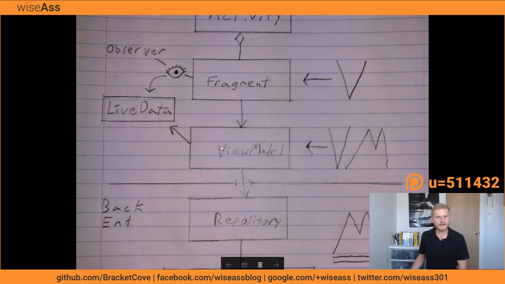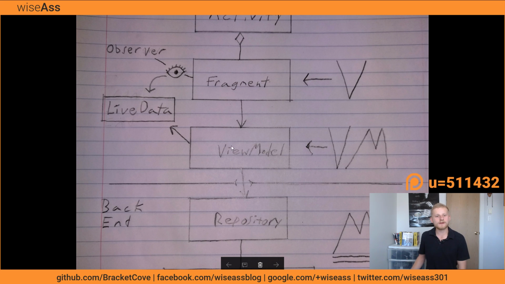Really, what it has to do is it just publishes data. If you're familiar with RxJava, it basically employs the observer pattern. So the fragment observes some data which the view model is responsible for fetching.